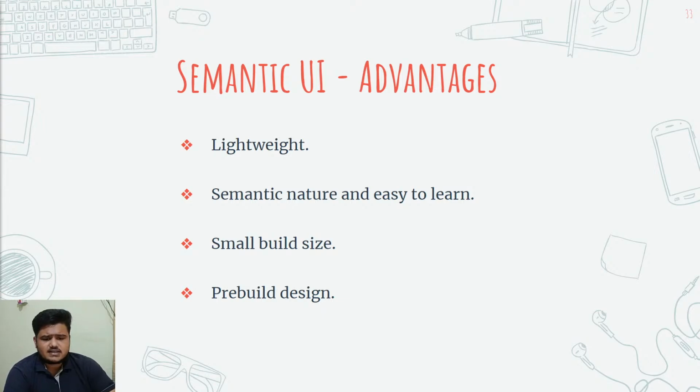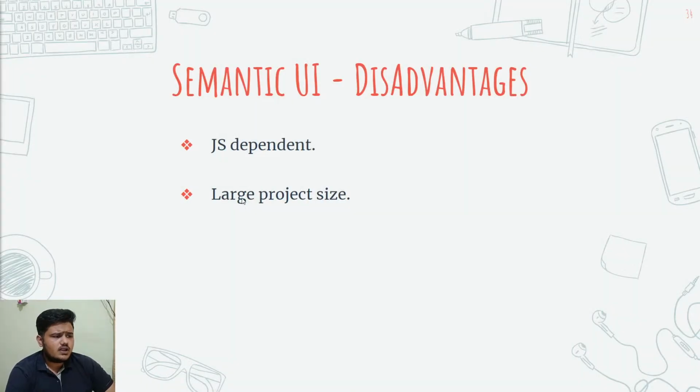Moving forward, let's discuss some of the drawbacks of this framework, right? When we talk about disadvantages, many of its free features are JS dependent. So the developer needs to have good familiarity with JS to solve issues. Secondly, as we know, Semantic UI provides us pre-built components, right?